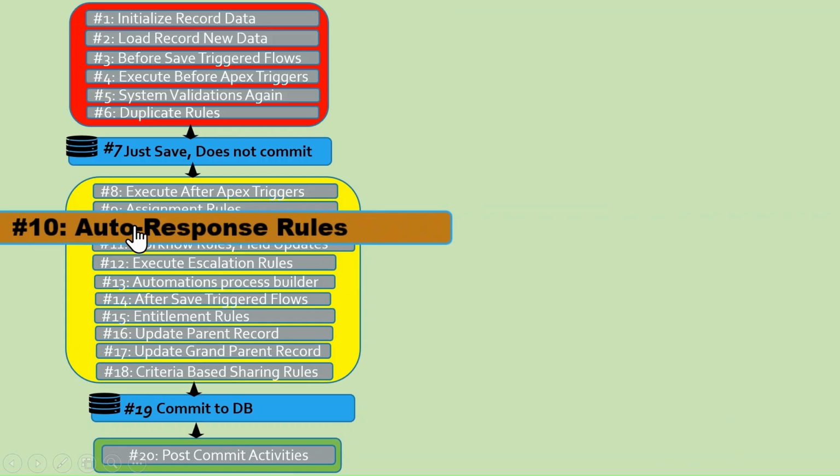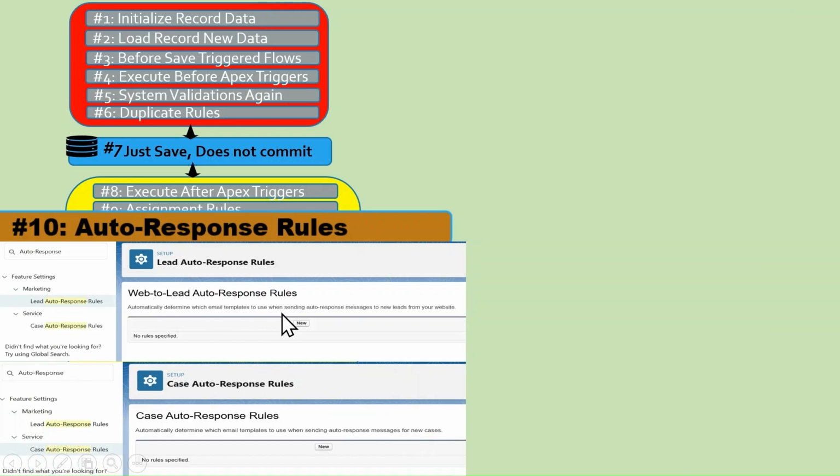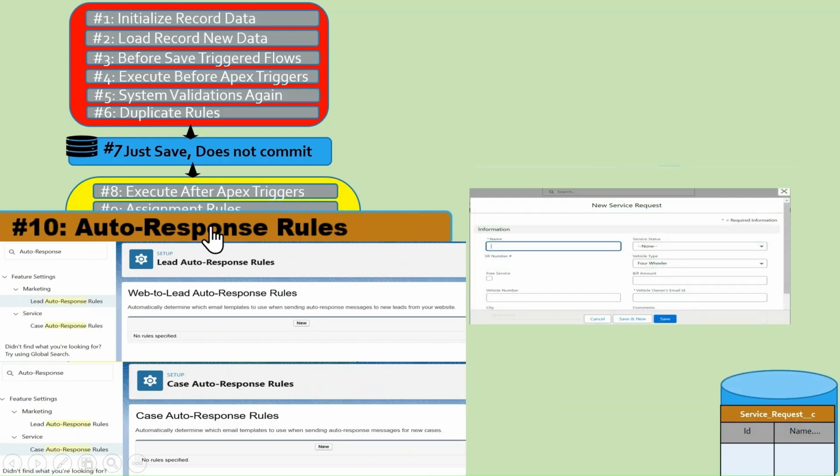As part of this step, Salesforce looks for the web to lead auto response rule or case auto response rules. Similar to the earlier step, this step is also related to the lead or case object. Since our service request does not relate to any case or lead, these steps just get skipped and it will continue to the next step. Let's see what happens for the insert DML in our case.